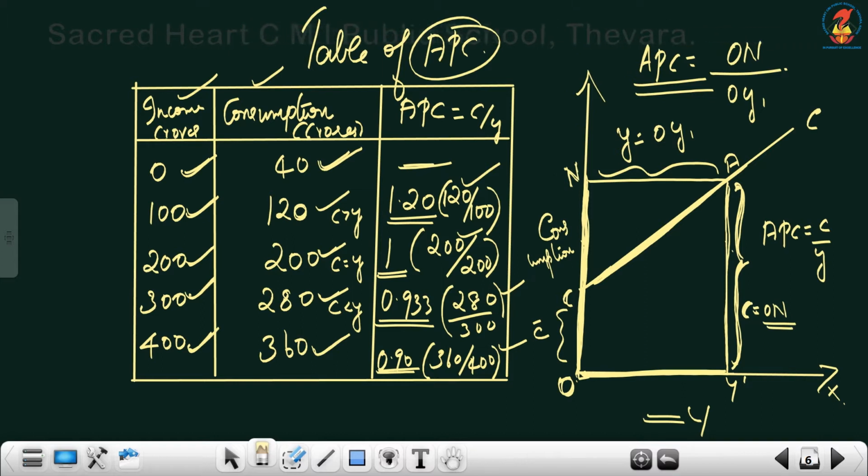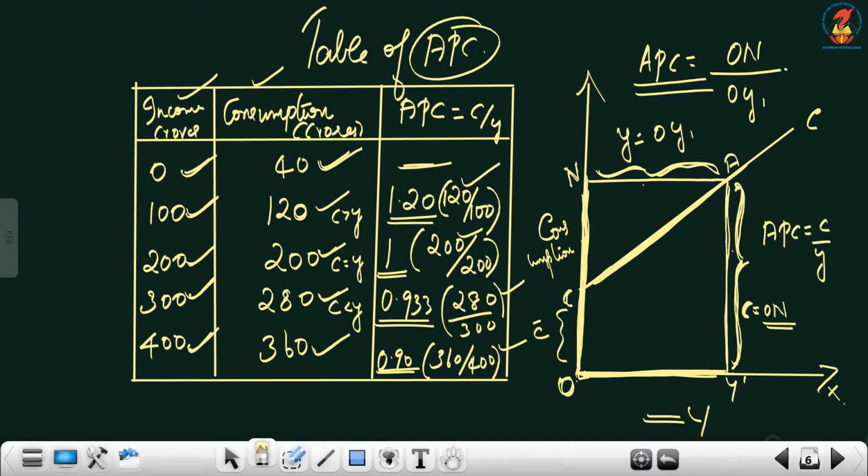Now, what is income level? Income we can represent it here, right? That is OY1. So, that same parallelly you can mark it here also, that is OY1. So, parallel to this area, this particular line, and parallel to this one, this particular area you can mark.